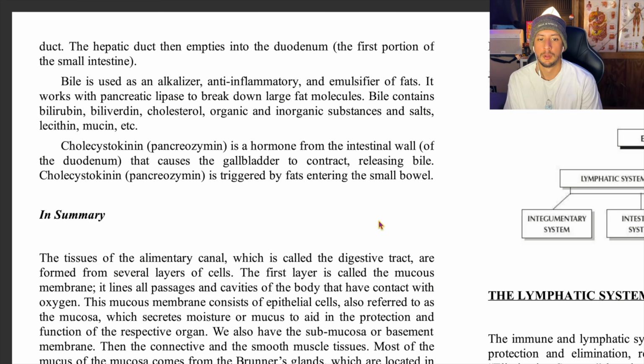So you need a lot of bile to break down large fat molecules. The gallbladder holds that. Your liver produces that bile, and your intestine asks for it whenever it gets something fatty enough where it needs it. So that's a good little breakdown for you.